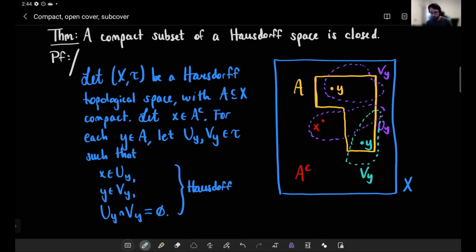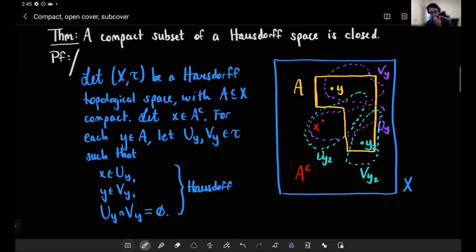That's my new Vy. Maybe I'll call this y2 or something. And similarly, I get some u sub y2 around x. Maybe it's hideous, but at least it won't intersect the other teal set. And I keep iterating, and for every single point in my Tetris block A, I get some pair of disjoint open sets.